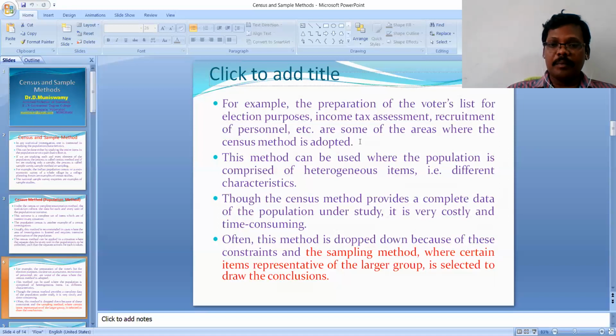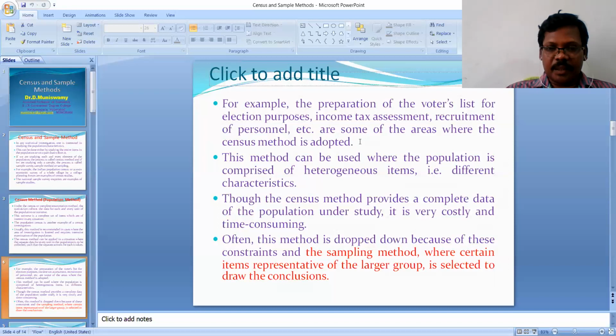But the problem is, if we go for the census method, first of all it is a very costly method. We have to spend more time, invest more money, and spend more energy. So costly and time consuming are some important problems in this method.